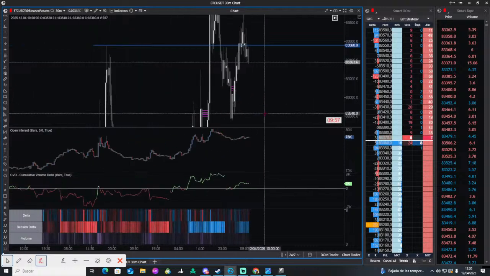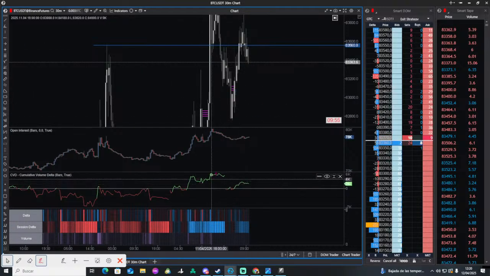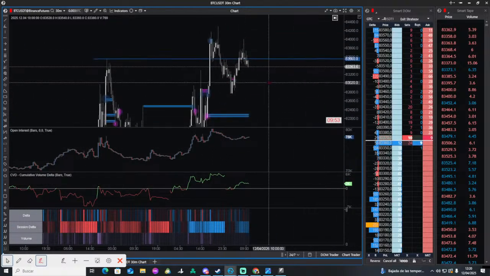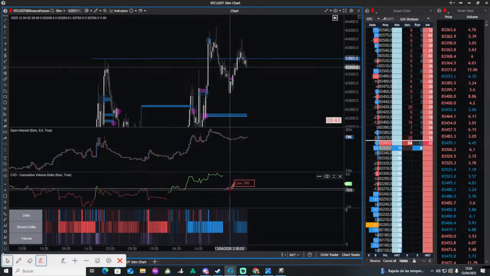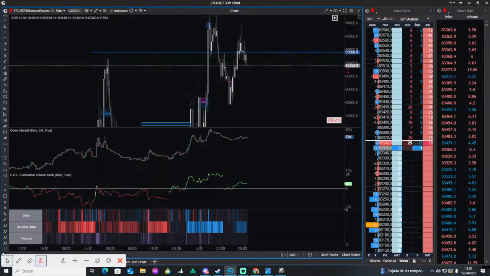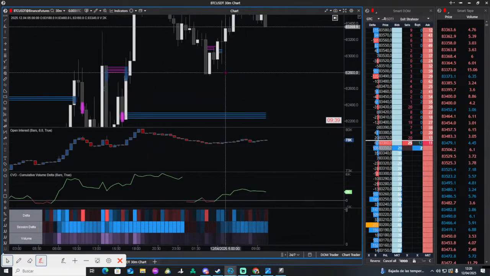So let me find a divergence for you. Once you have this type of div, because this opens in session. So here we have the opening session, and we have a new high, lower low, but price didn't make a lower low. So here you can have an example.